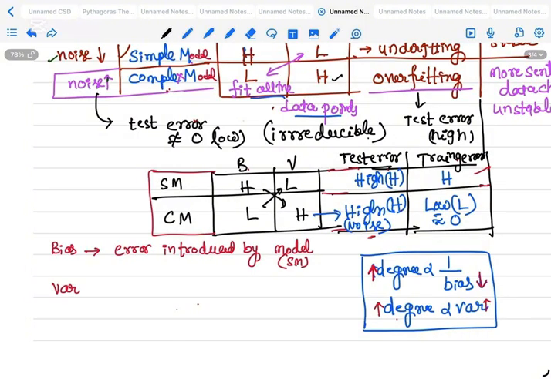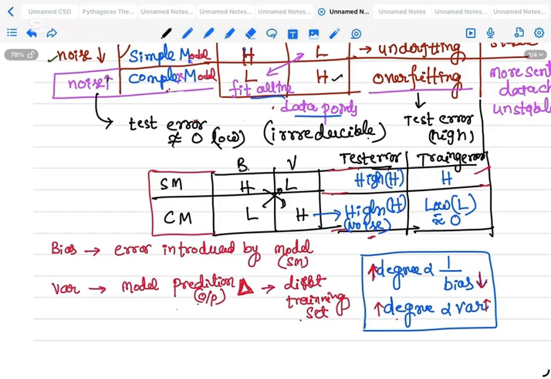Variance refers to how the model's prediction, that is the output, changes if we use a different training set.